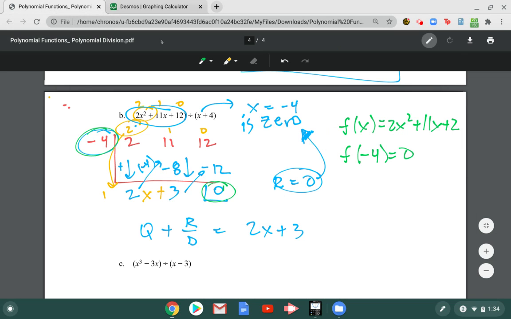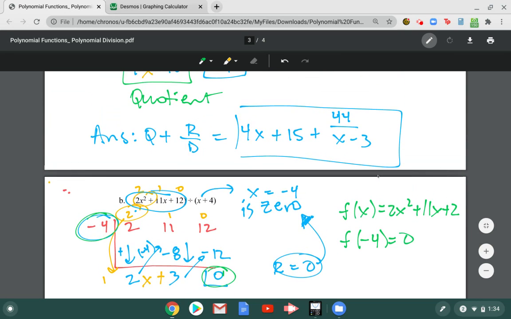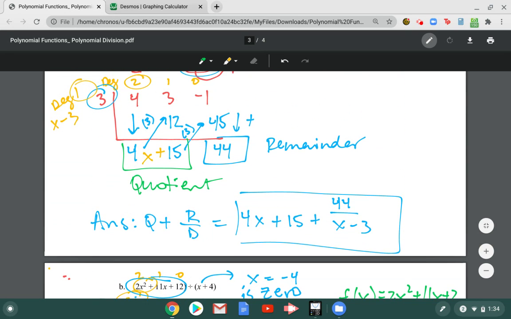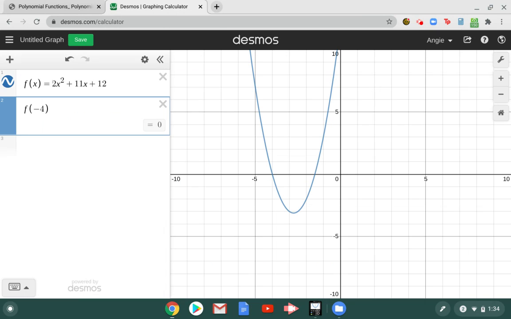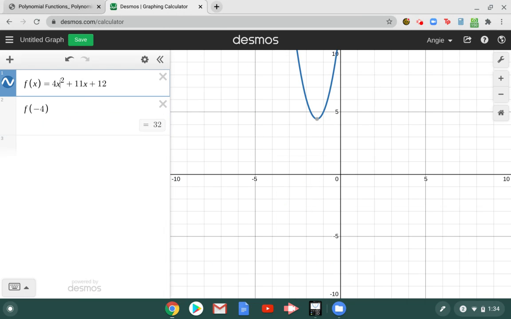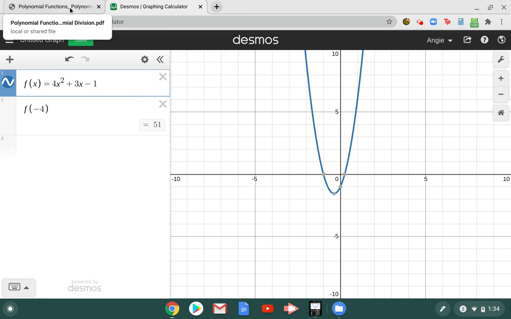Let's see if that also works with the last example. In the last example, we had a remainder of 44. This time it was 4x squared plus 3x minus 1. Let's change this. 4x squared plus 3x minus 1. Let me make sure that was right.